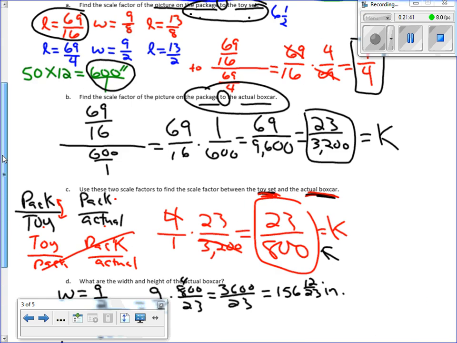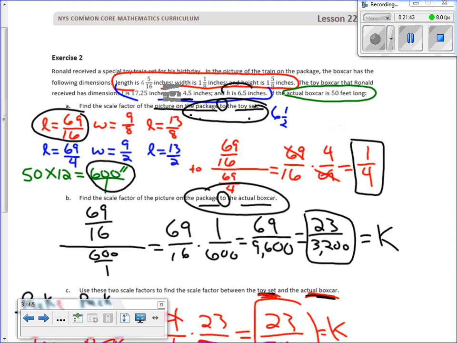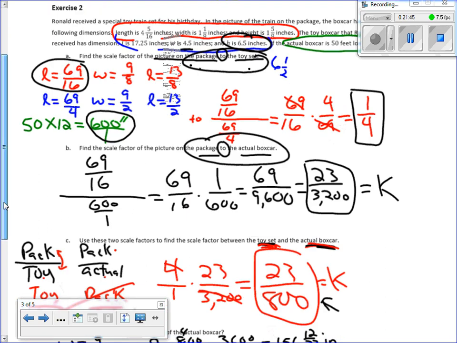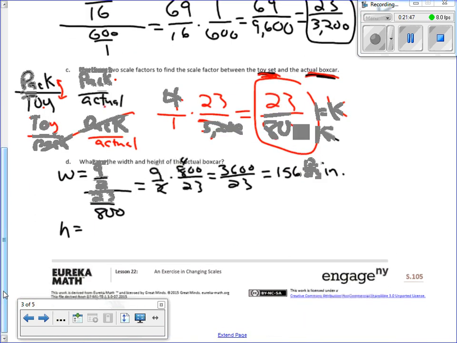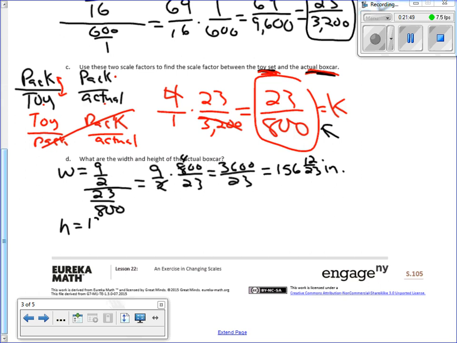Now let's find the height. So I go back up to the top. The height of my toy is 6.5 inches. 6 1/2 is 13 halves. And I'm going to divide that by that 23/800, which equals 13 halves times 800/23. And the 2 and the 8 will make 4.